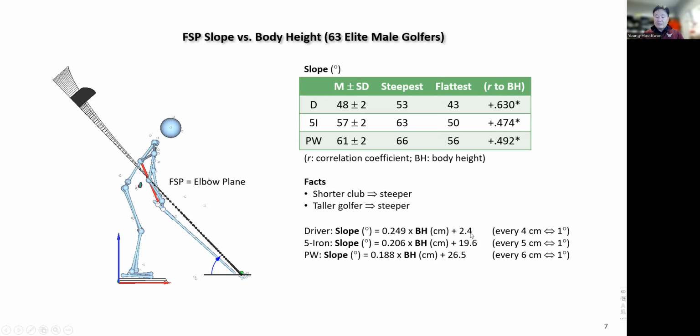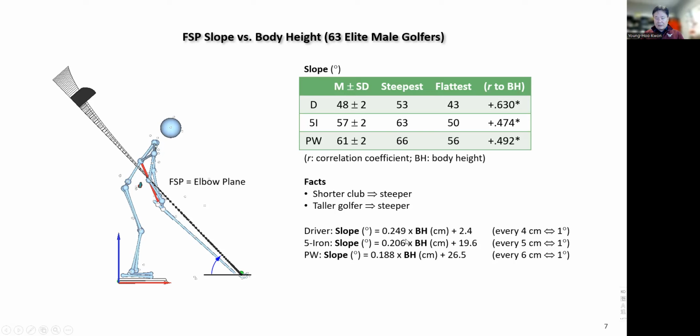That means for every 4 centimeter increase in height, we will see a 1 degree increase in the slope. So 4 centimeters of height is equivalent to 1 degree of slope. For the 5-iron, it is equal to 0.206 times the body height plus 19.6.